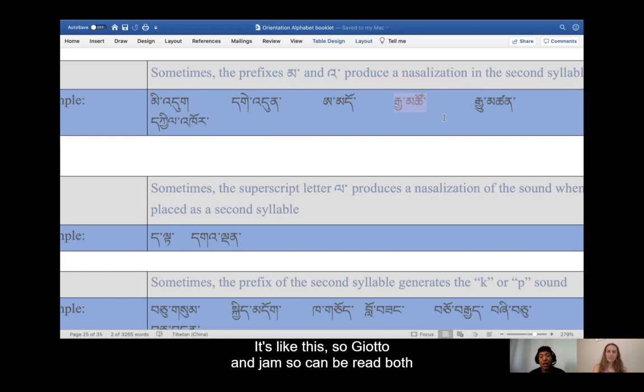So yatso and yamso can both be read, but those in Central Tibet, Lhasa spoken mostly, read yamso, just for ease of pronunciation.